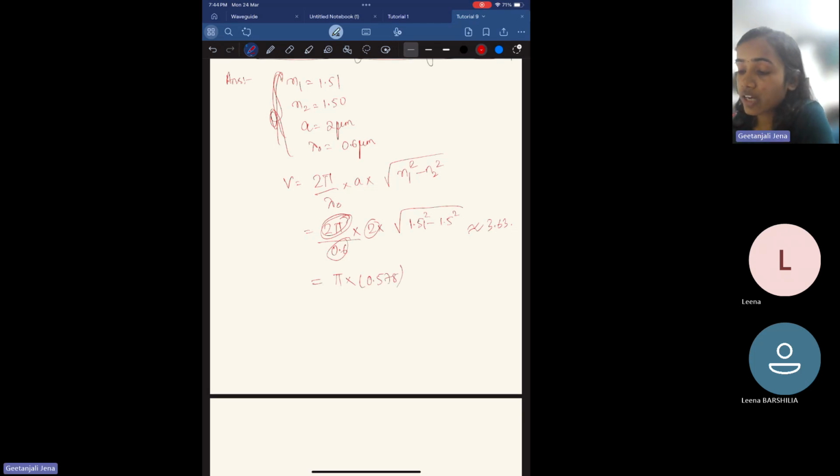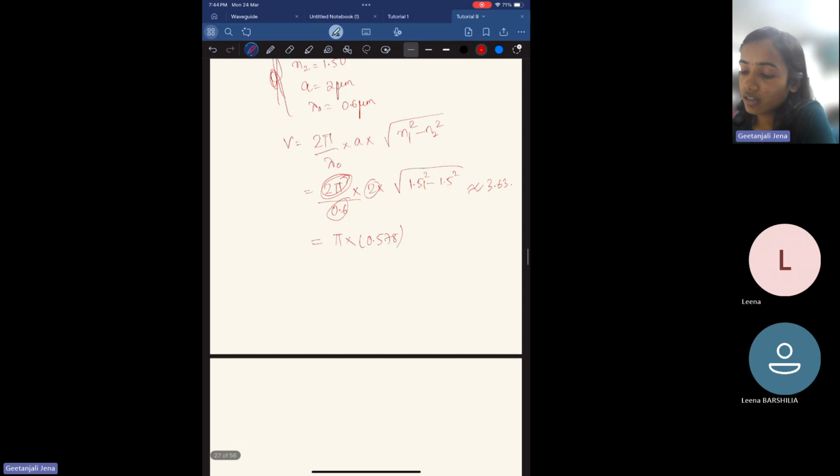And to calculate the number of modes for a planar waveguide, we have to divide V by pi by 2. That is why I have taken pi here, so that it will cancel with the denominator.